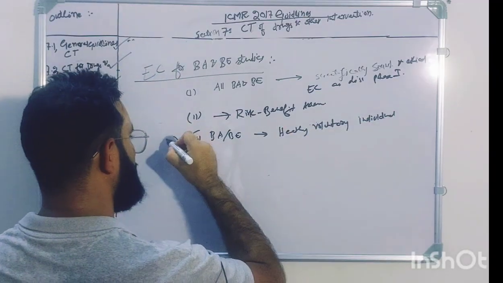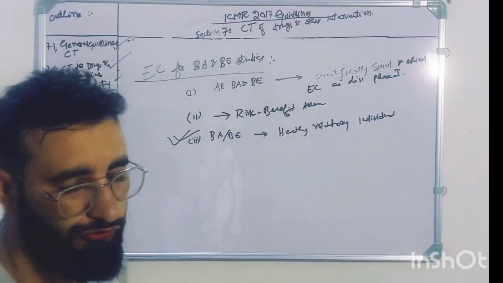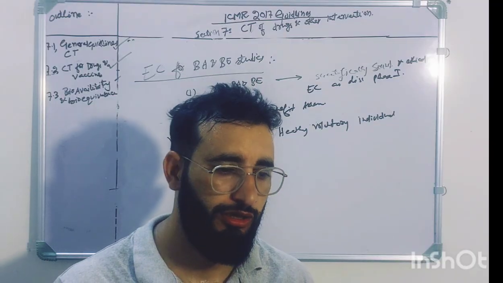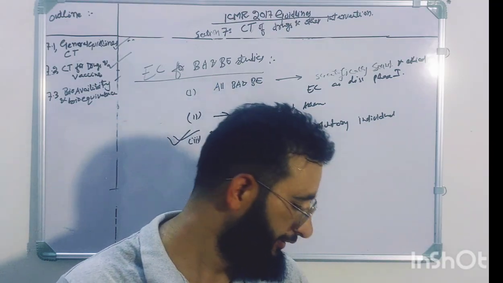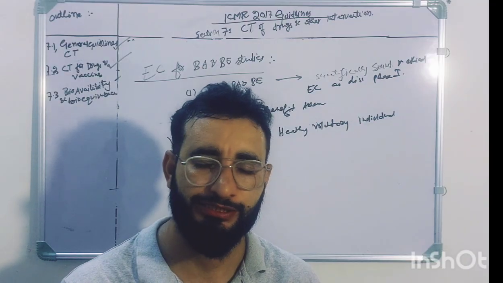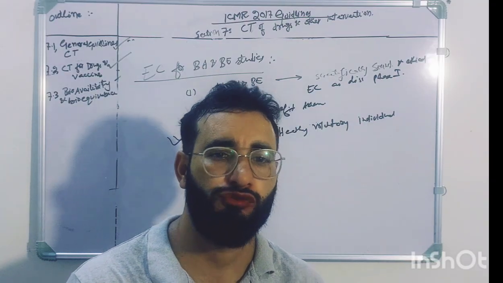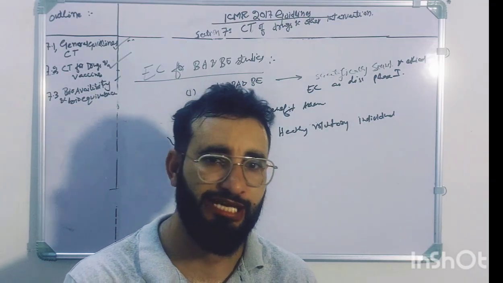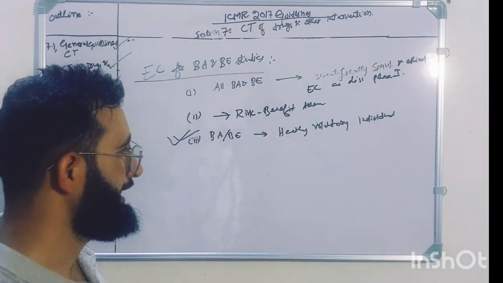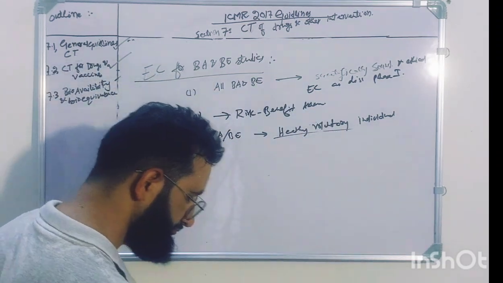This is a point to be noted, because your interviewer or viva team may ask you in which individuals bioavailability and bioequivalence study is carried out: in patients or in healthy volunteers? This can be an important question. The answer is healthy volunteers.